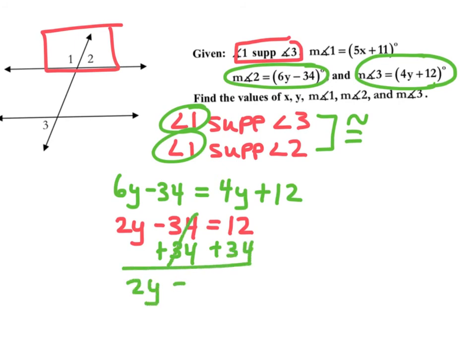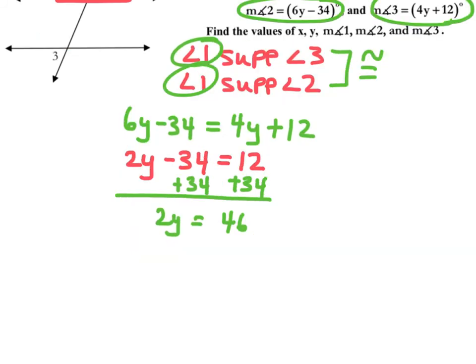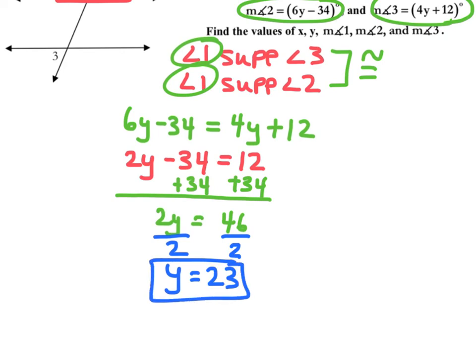So I get 2y equals 46. So now I'm going to divide both sides by 2, and I get y equals 23. Very nice.